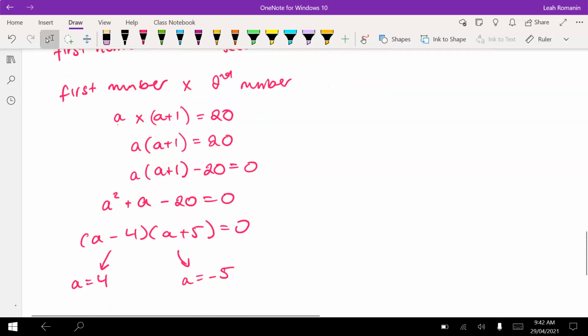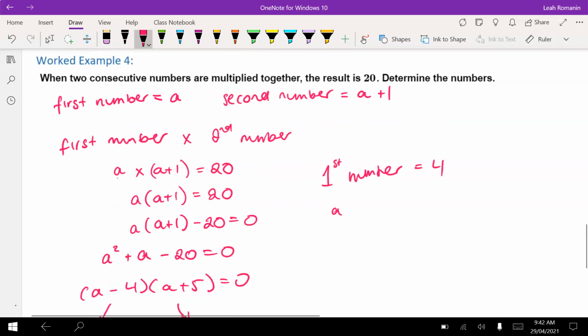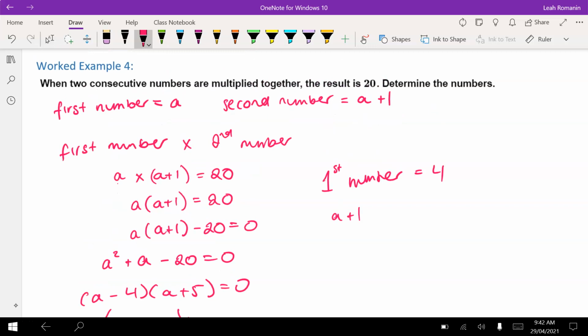So what I'm going to do is take my first situation where my first number is equal to 4, which means that using my second number equation of A plus 1, I'm then going to substitute my 4 into that one. 4 plus 1 is equal to 5. So that's my first scenario where this worded question, I get my two numbers.